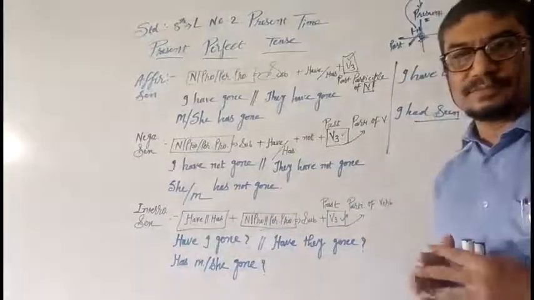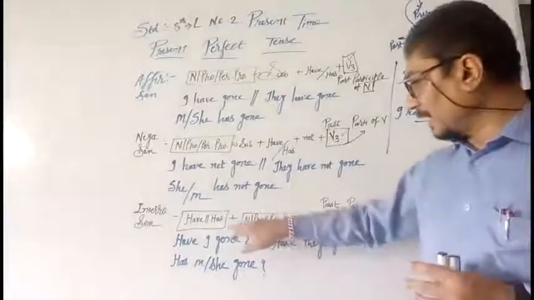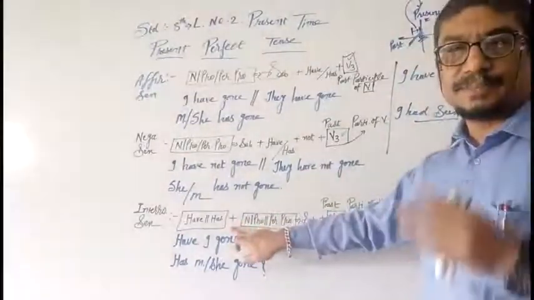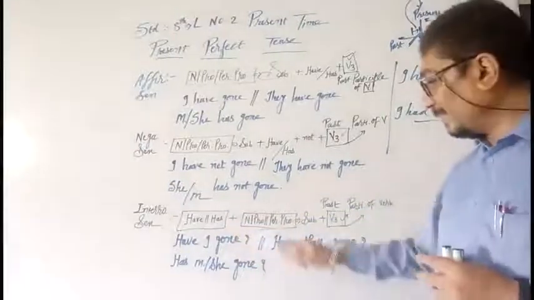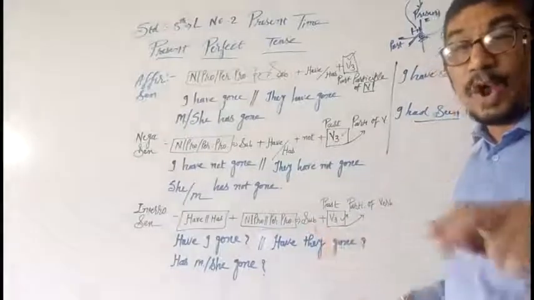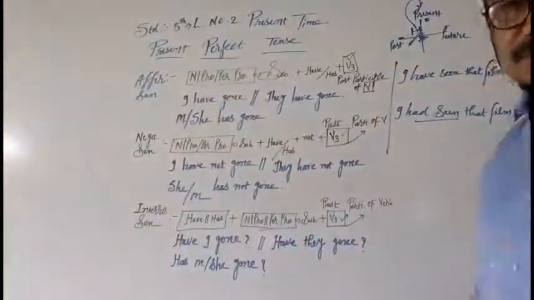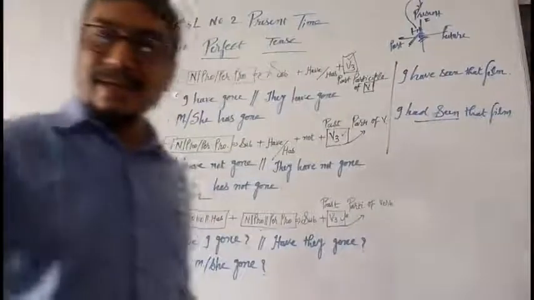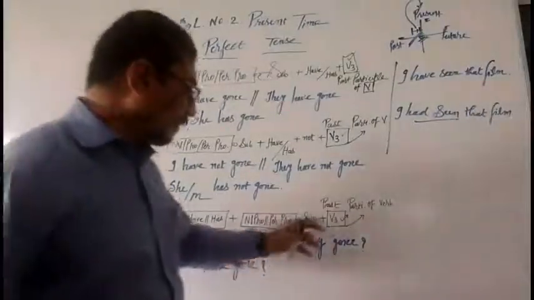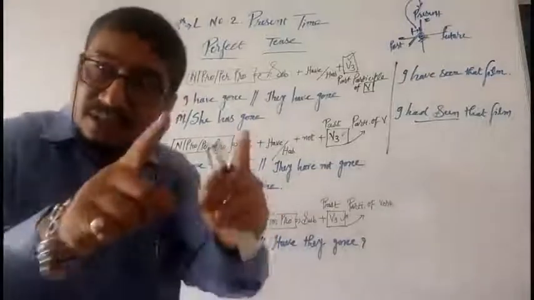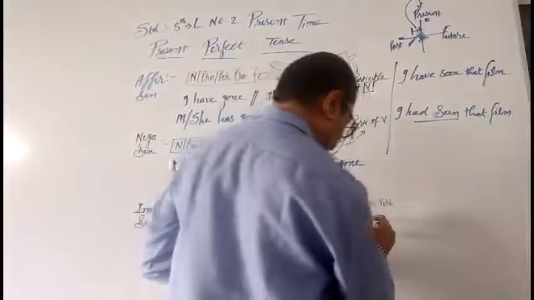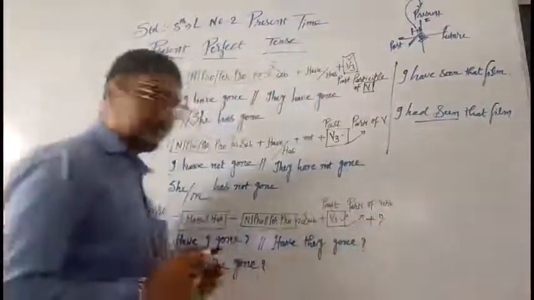Next to that, have or has in the initial place of the sentence, plus a noun, pronoun, or personal pronoun in the place of the subject, and next to that you will add the past participle of the verb. Past participle of the verb is equal to V3. These things you will keep in your mind. At the end, the interrogative mark.